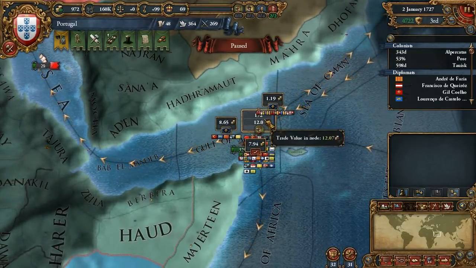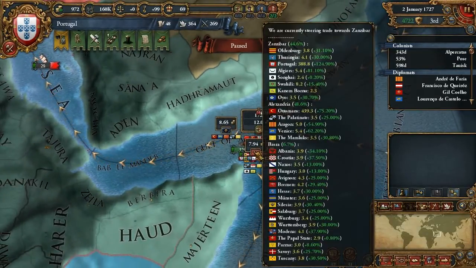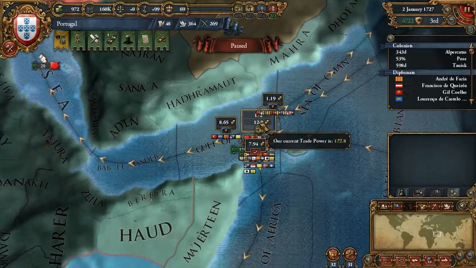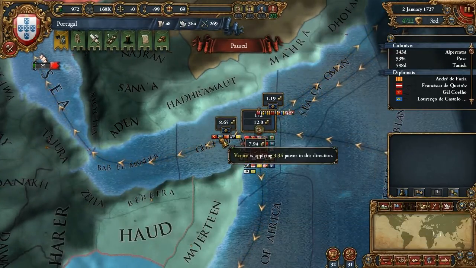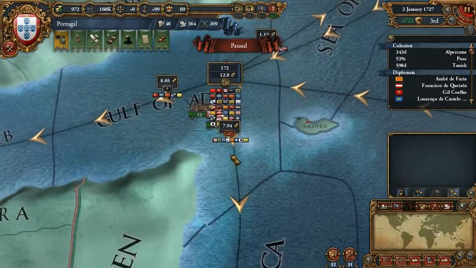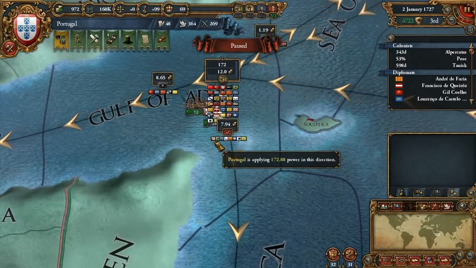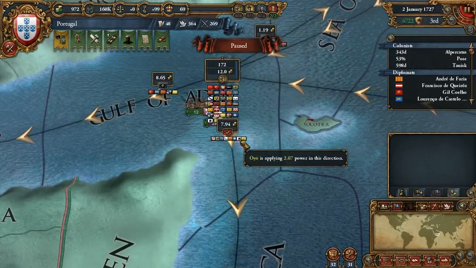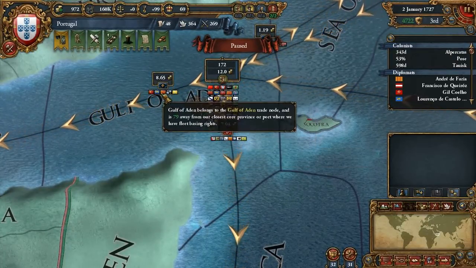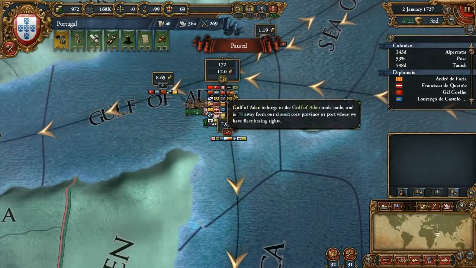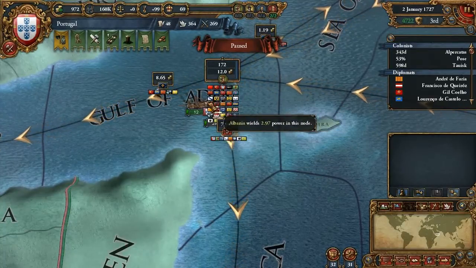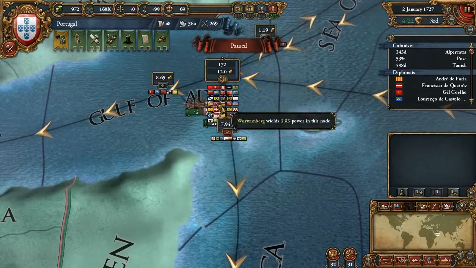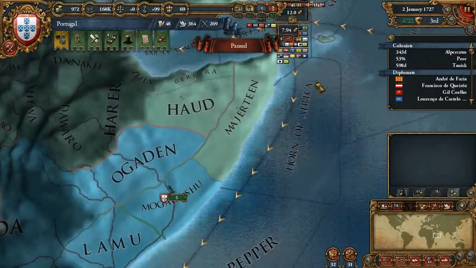I put a merchant here because I wanted to direct all my trade power to push it in that direction. The reason it's going in the other direction is because other nations are pushing. You can actually see there's a Portuguese flag pushing in this direction, and there's everyone else who's also pushing along. These are nations which have any involvement, like any power within the trade node.